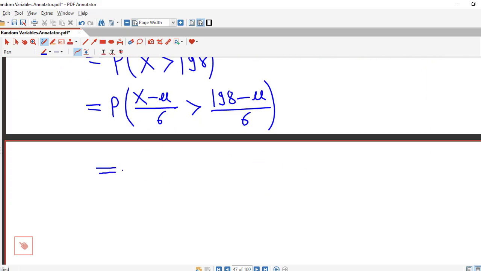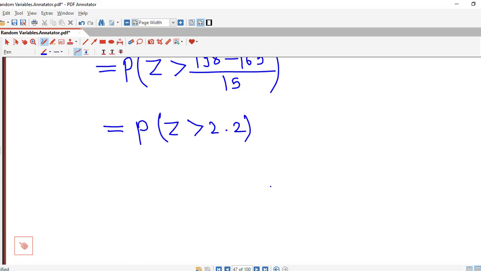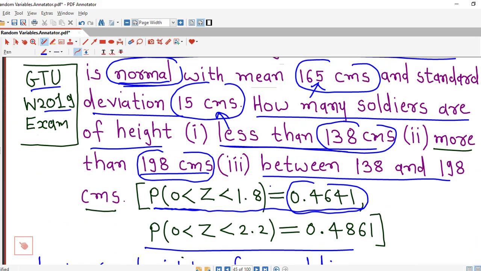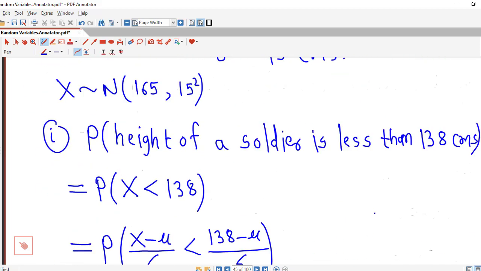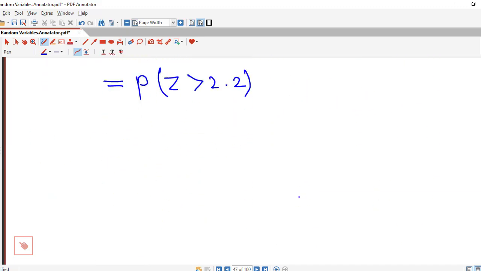Now (x minus mu) over sigma is nothing but z, so we replace it by z, and here we substitute mu equal to 165, sigma is 15, and if we simplify this, we have the probability that z is strictly greater than 2.2, and we are given that the probability that z lies between 0 and 2.2 is 0.4861. So using that probability we will decide the probability that z is greater than 2.2.